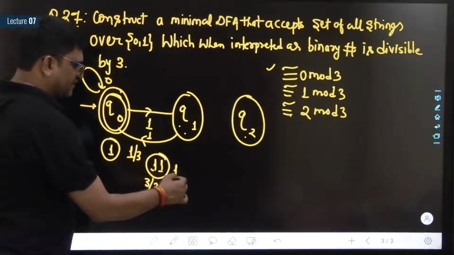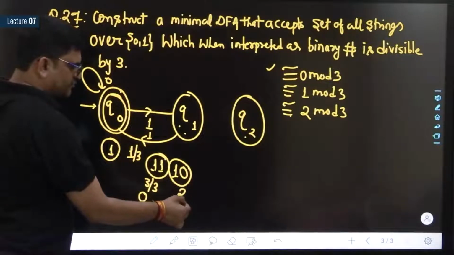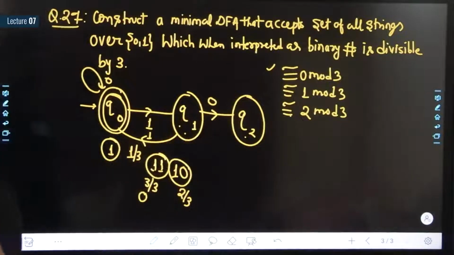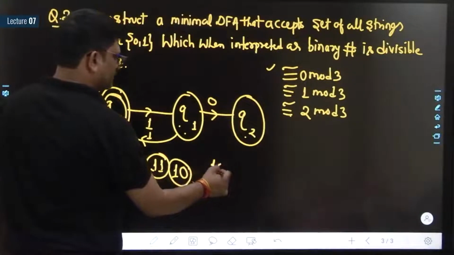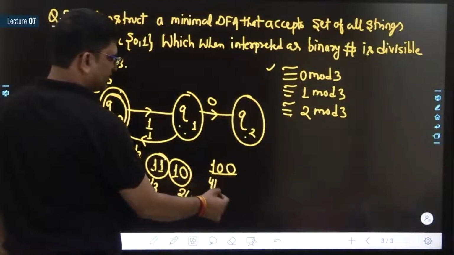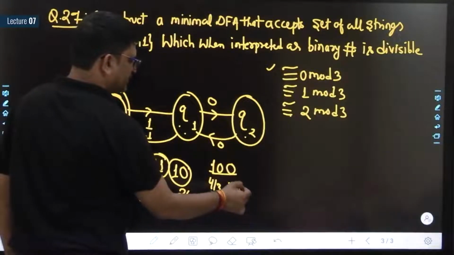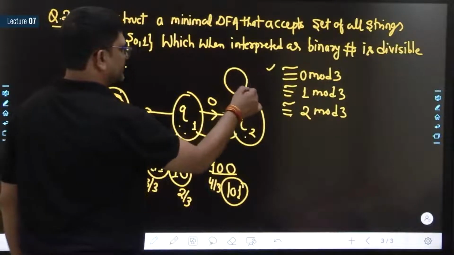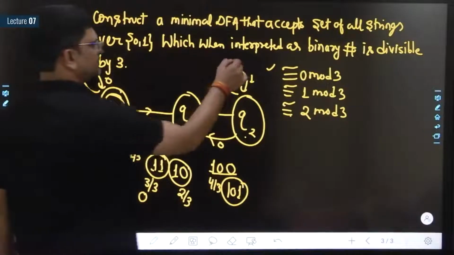After seeing a 1, we see 0 on this state. What is this number? This is 2. 2 divided by 3, remainder 2. 1, 0, we see 0. What is this number? This is 4. 4 divided by 3, remainder 1. 1, 0, 1. This is 5. 5 divided by 3, remainder 2. Then 1 is here. This is for this question.